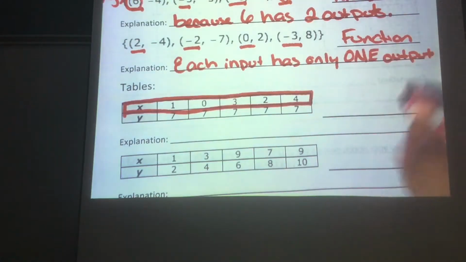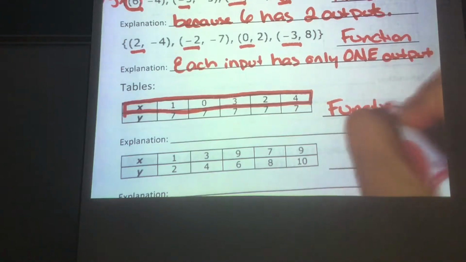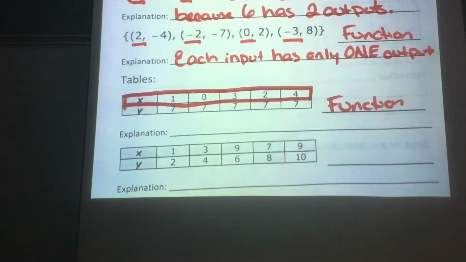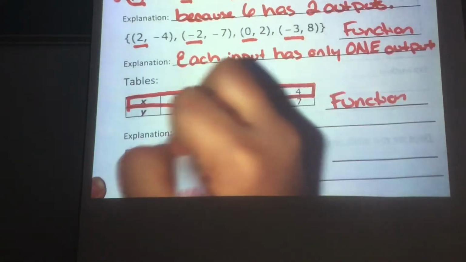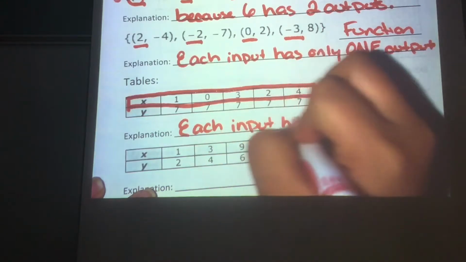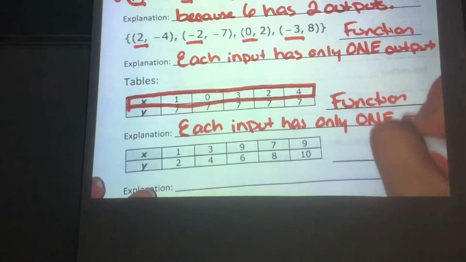So this one is a function for the same exact reason that these ordered pairs are a function. So this one is a function because each input has only one output.